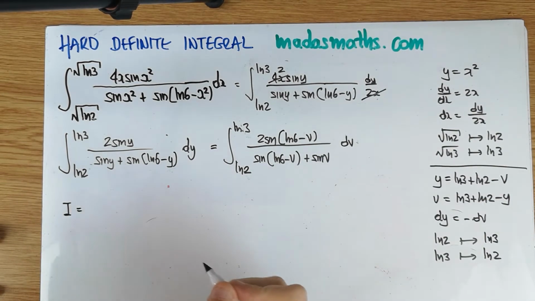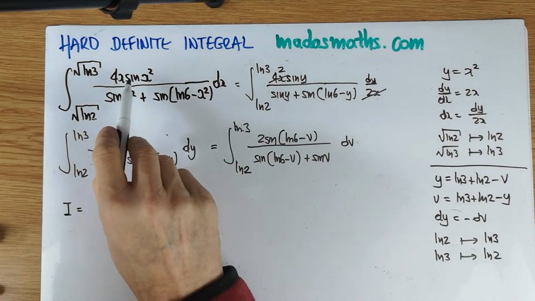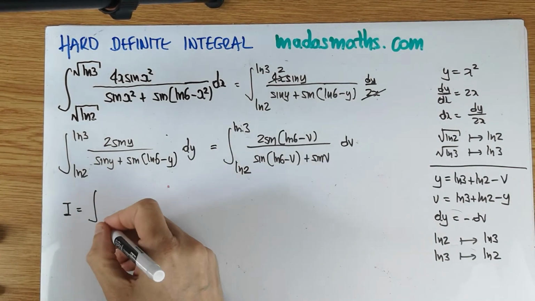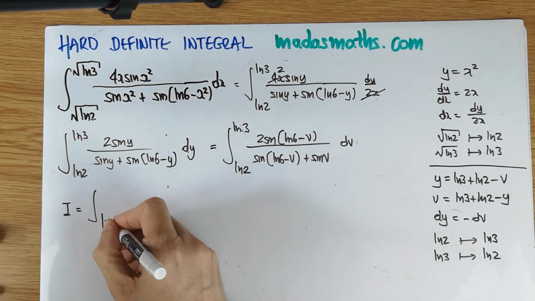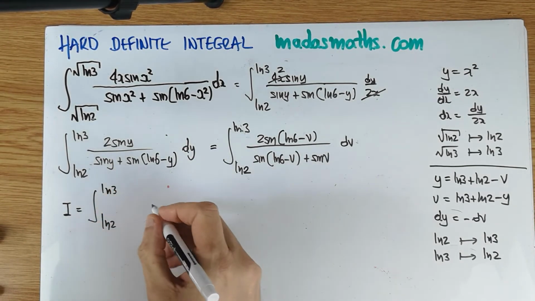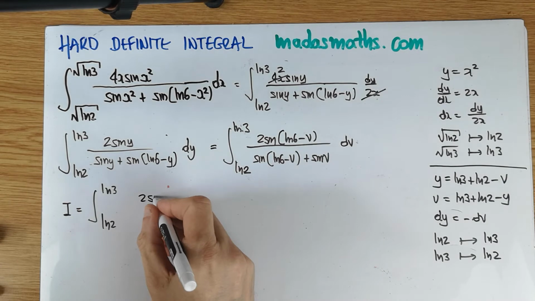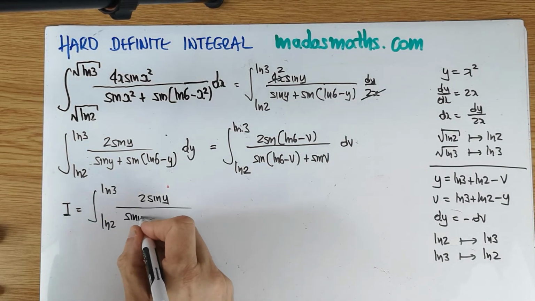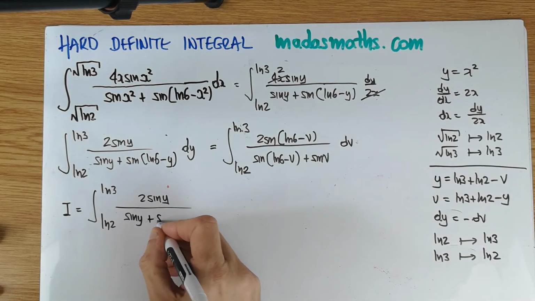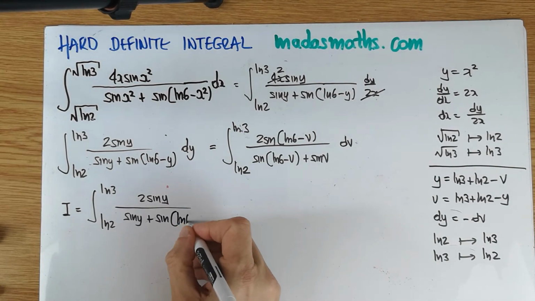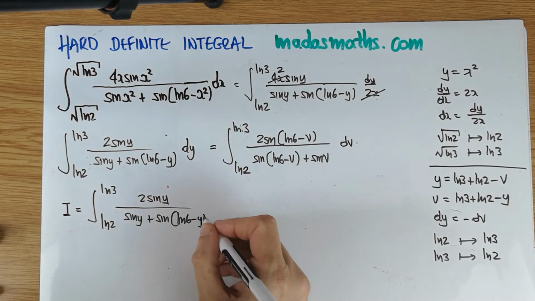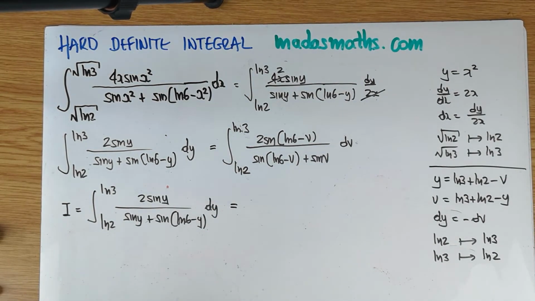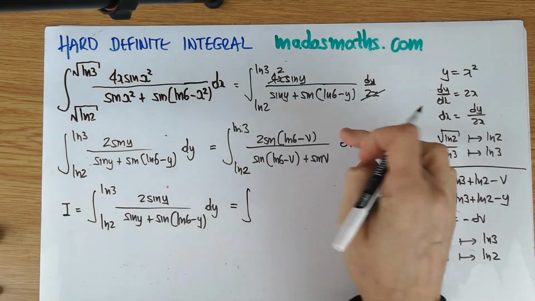So we're going to say the integral we're trying to find, and I'm not going to go right in the beginning, I'm going to go in the one that I use y's, which is the integral from log 2 to log 3 of 2 sine y over sine y plus the sine of the log of 6 minus y dy, is definitely equal to this integral here, which is in v.